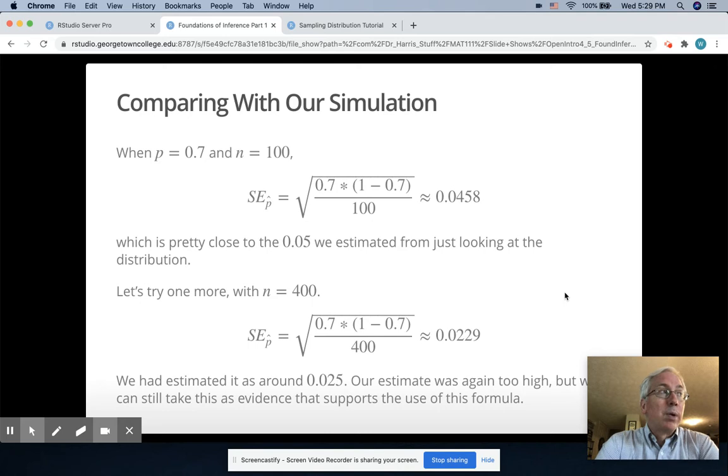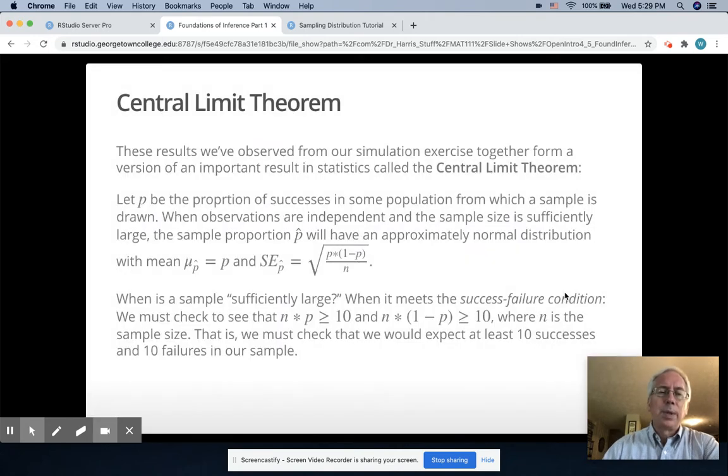And so the square root of p times 1 minus p over n is the formula we're going to use for standard error in the case of a single proportion. That's an important proviso. We're going to have different standard error formulas in different cases. But we're going to see soon that while this is correct, we're not going to be able to use it.